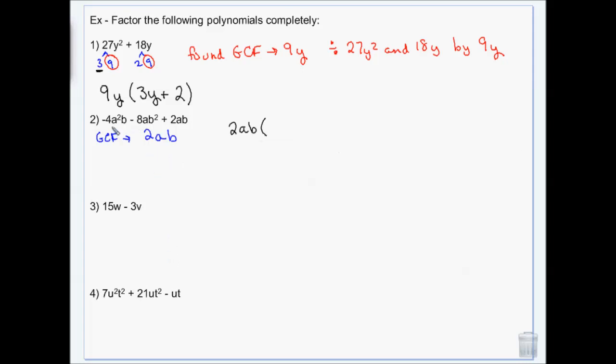GCF, right? If I divide -4 by a +2, I get -2. I had 2 A's, I took 1 away, so I have 1 left. If I divide -8 by 2, I have -4.